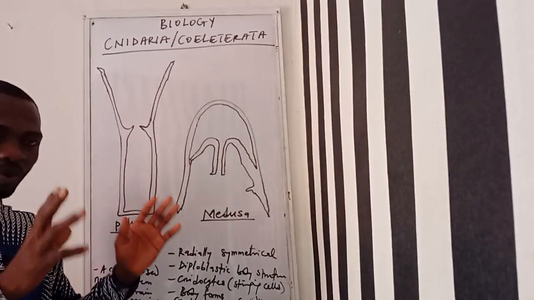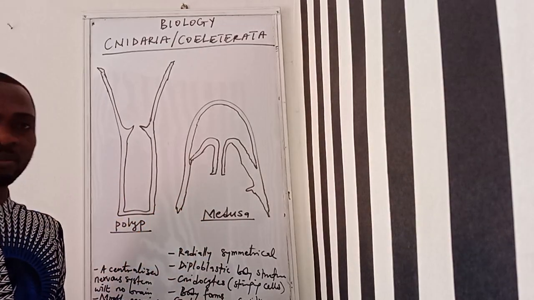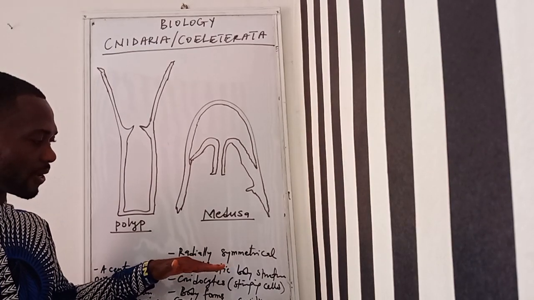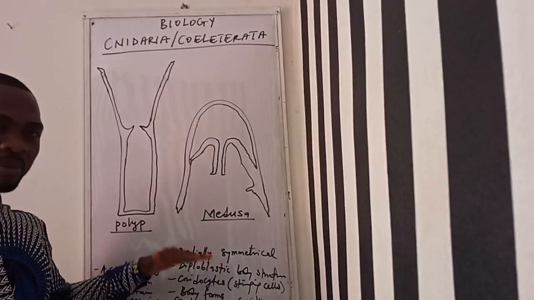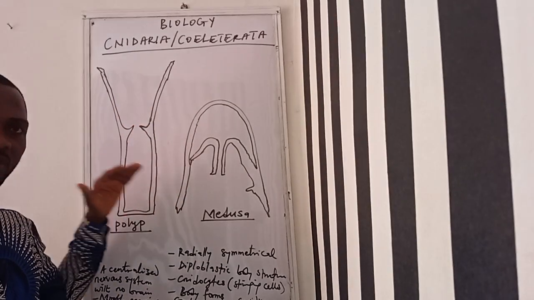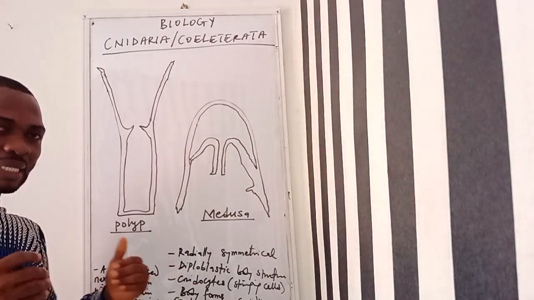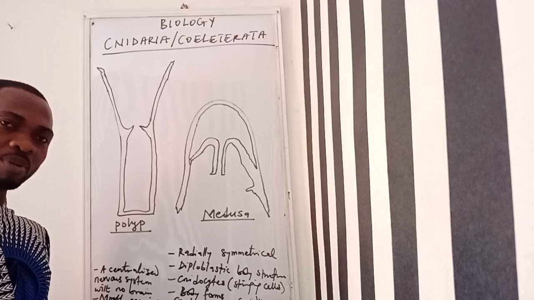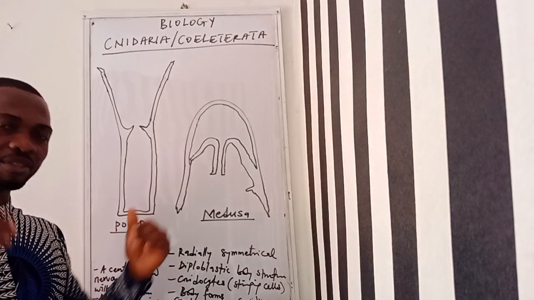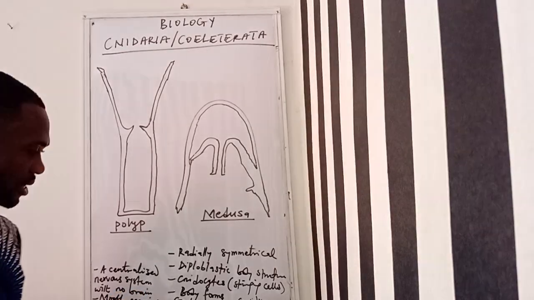You just say that the body wall is made up of three main cells. But the organization in members of Cnidaria is a bit more advanced than that of the sponges, and that is why you can comfortably say that they are diploblastic. By the time we get to Platyhelminthes, you will see another word, triploblastic, meaning they have three body layers: the mesoderm, the ectoderm, and the endoderm.